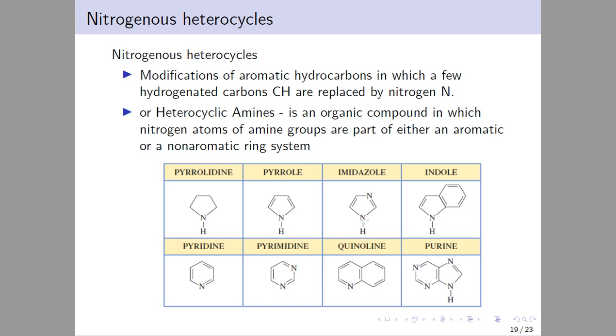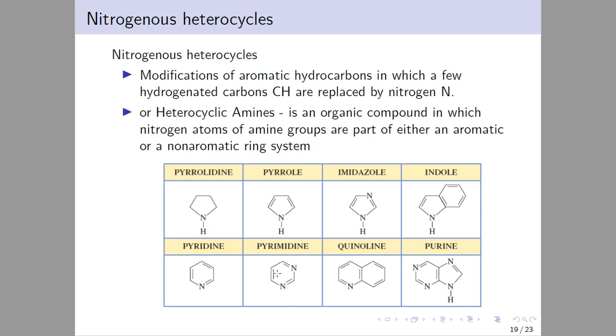Here we replace 2C with N and N, and here we replace 1C with N. This one also we replace 1C with N. This one we replace 2C with 2N, this one 1C with N, and here we replace 4C with N. So this means that the N can move around the ring.